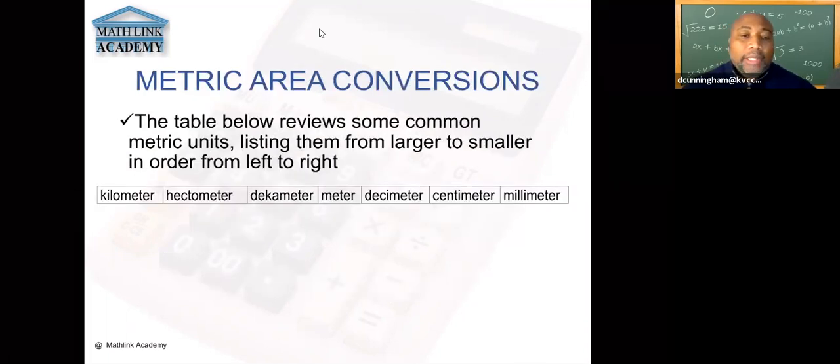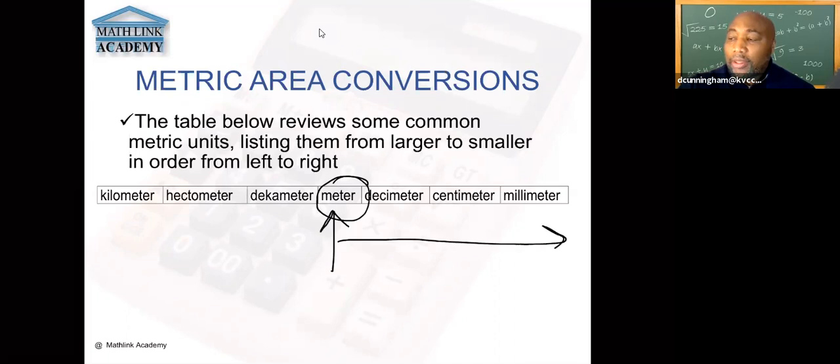Now, this table below is just showing us the location of the units, from smaller to larger, right to left. Our middleman, the link, will be, as you may know, the meter. If we go in the smaller direction, we're moving to the right.